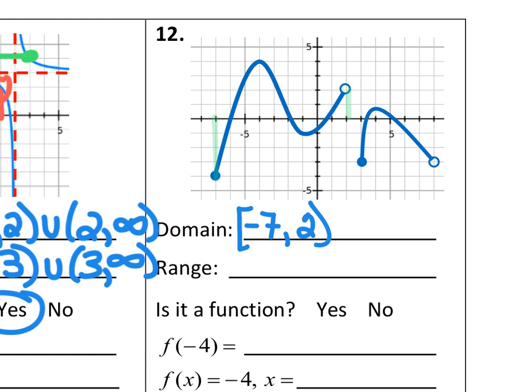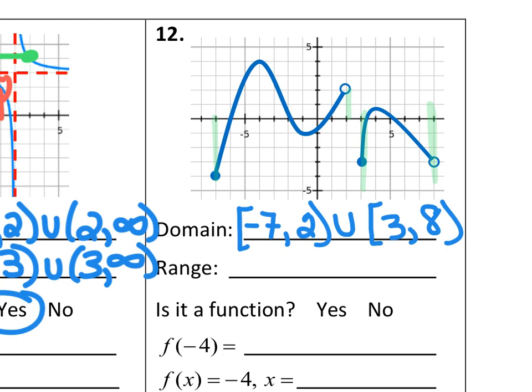And then the domain of the second part starts at +3 and goes to +5, 6, 7, 8, so from 3 to 8. So from 3 to 8, square bracket around the 3, open parentheses around the 8, and then we write the union symbol between to say that there's 2 parts to our domain.